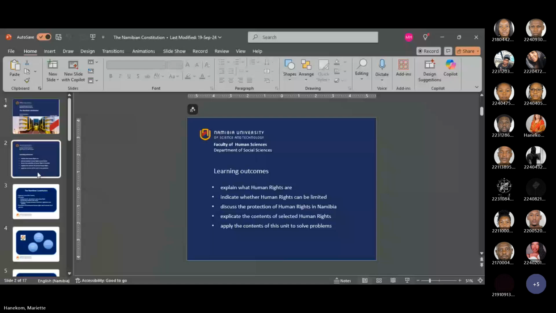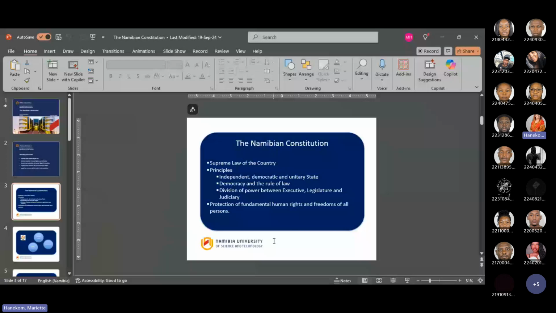So you learned in commercial law 1A right at the beginning that the originating source of Namibian law is common law. But the most important source is acts of parliament, statutes.